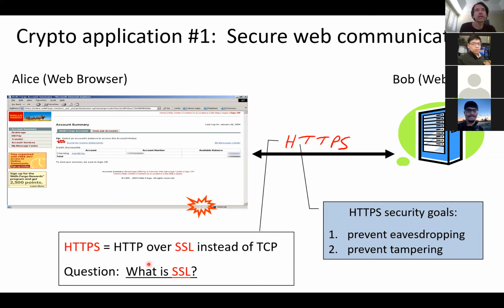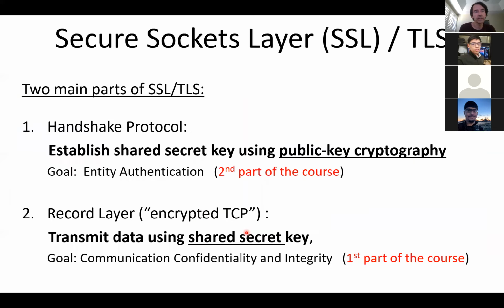So HTTPS is HTTP going over a secure socket layer. So what is secure socket layer? It's a secure version of TLS, like the transport layer sessions. Now there are two parts of the secure TLS.